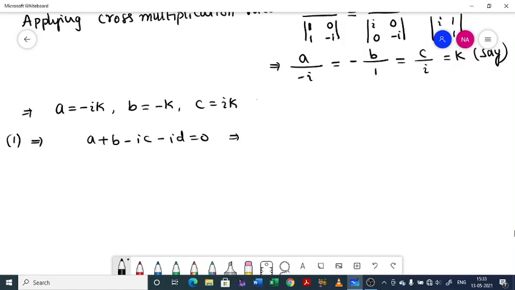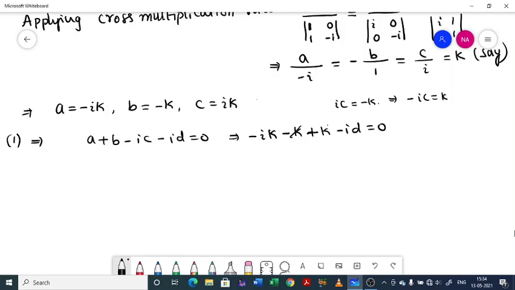That implies A means minus I into K, plus B, that is minus K, minus I into C. See, we have C equal to IK, so multiplying I on both sides, we get IC equal to minus K. So it will be minus IC, that is plus K. Minus ID equal to 0.